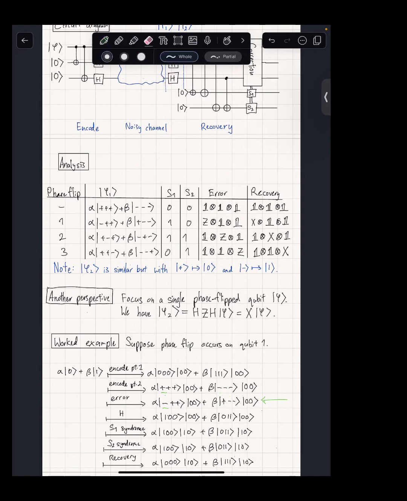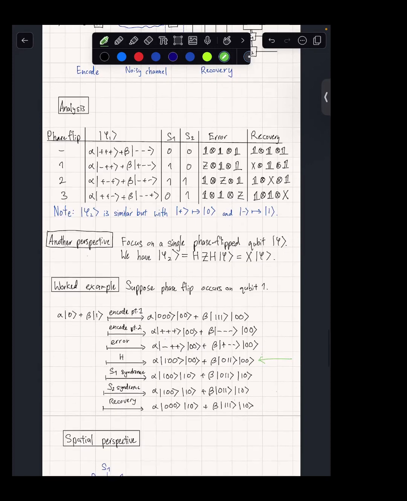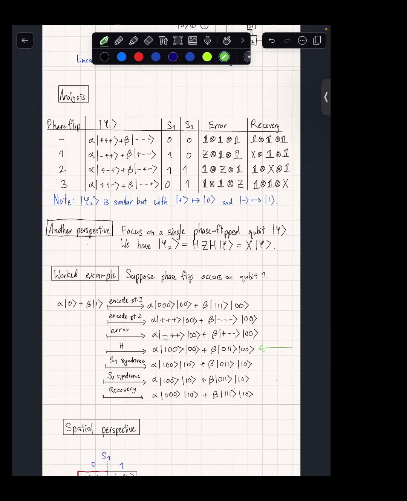Now, after that, you apply yet another Hadamard gate to transform our plus and minuses back to zeros and ones. So that means that minus gets transformed to 1 and plus gets transformed to 0. And now we can perform our syndrome measurements like before.